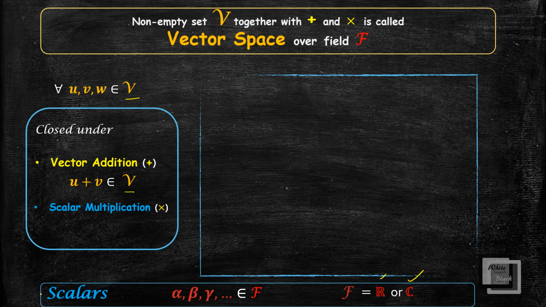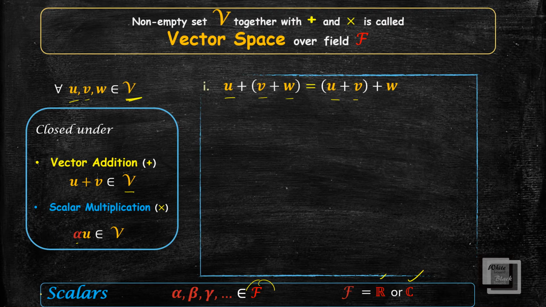That means if u and v are vectors from the non-empty set V and we choose a scalar alpha from the field F, then alpha u also belongs to V. Other properties depend upon the vector addition and scalar multiplication.